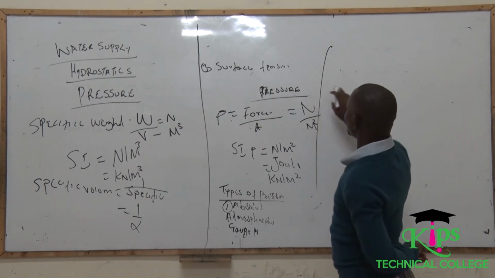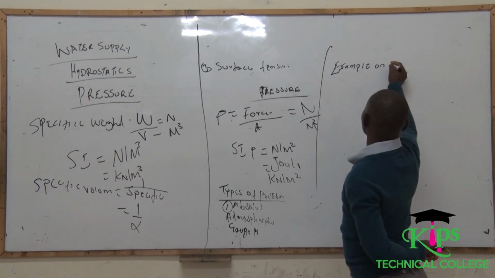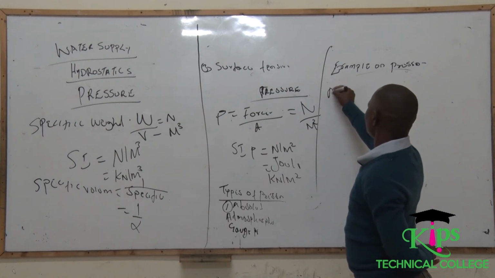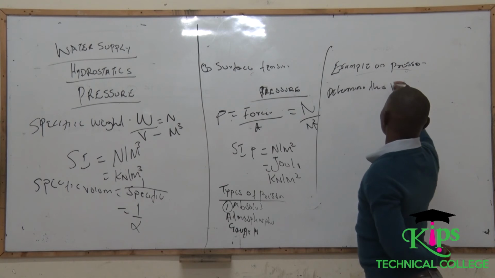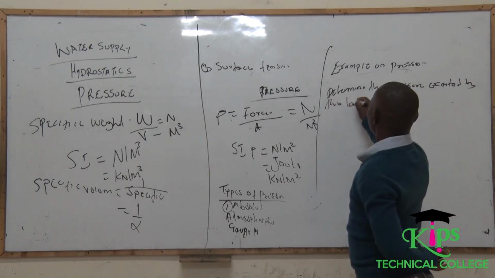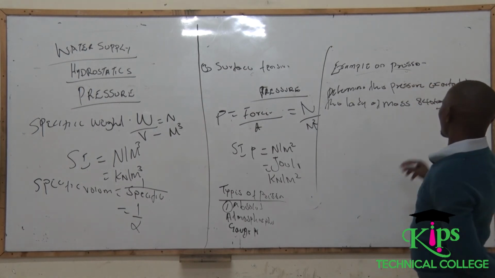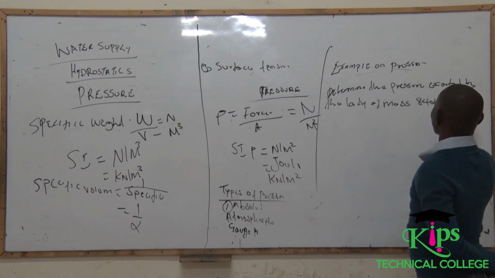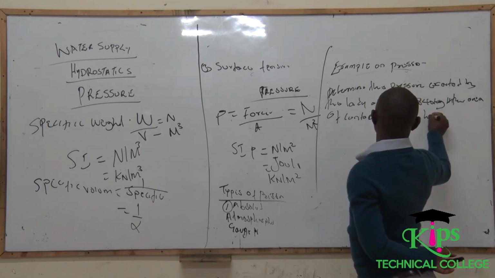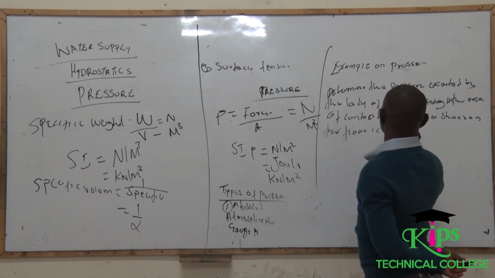Now we can have some little calculations. Here is an example on pressure: determine the pressure exerted by a lady of mass 840 kilograms if the area of contact between her shoes and the floor is 420 meters squared.